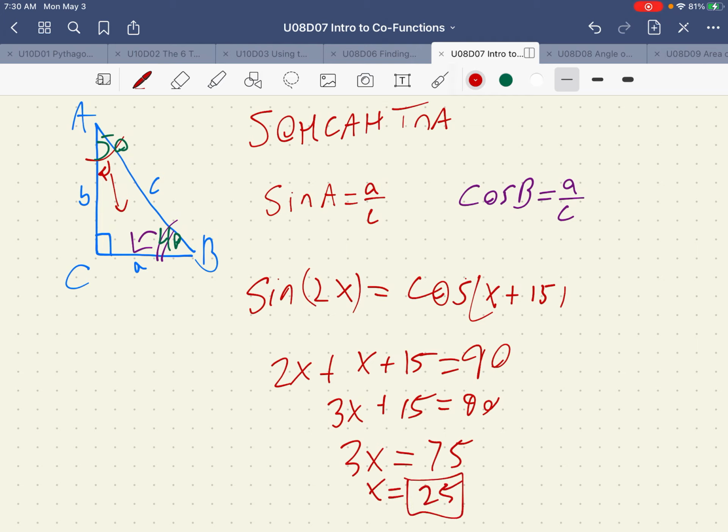And when I would plug this in, I would find that one of the angles in my triangle is 50 and the other angle in my triangle is 40, and those add up to 90 degrees. And that would match this triangle, which would have a sine of A over C and a cosine of A over C. And that's pretty much all there is to cofunctions.